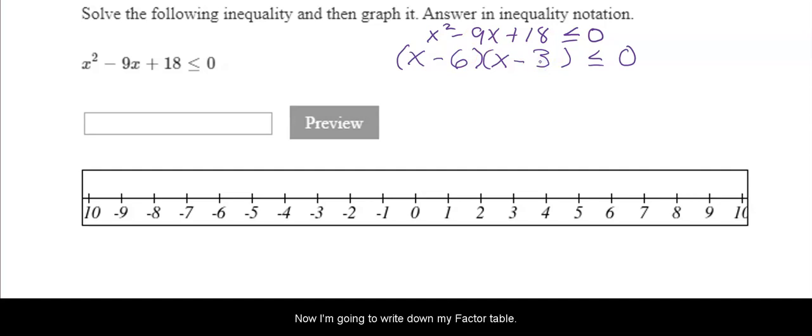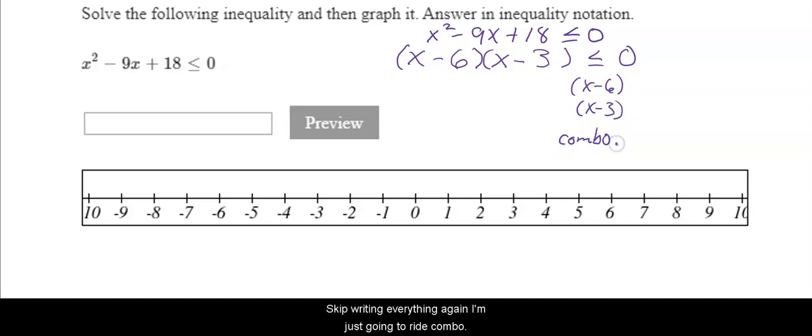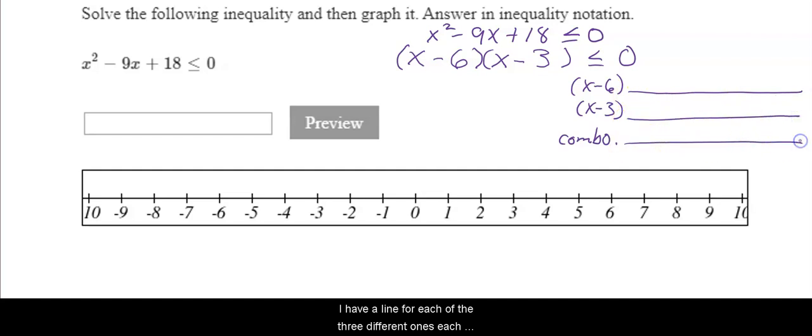Now I'm going to write down my factor table of x minus 6 and x minus 3. Then I'm going to do the combination. To skip writing everything again, I'm just going to write combo. I have a line for each of the three different ones, each individual factor and their combination.